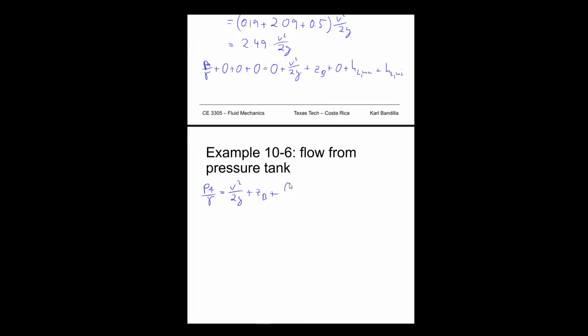Let's pull that f up there: f times L over D times V squared over 2g. And then we can just barely see the minor one. That was 2.49 times V squared over 2g.